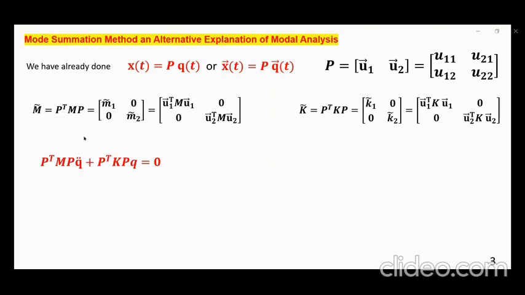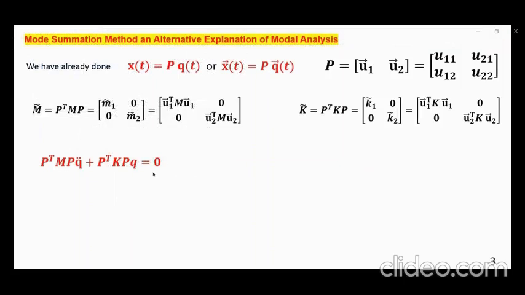Now, if you do this, in other words, you take the mother of all equations, which was M x double dot plus K x, pre-multiplied by P transpose and post-multiplied by P, because of that transformation you actually get a decoupled system of differential equations. So this is a diagonal matrix, which is given here.